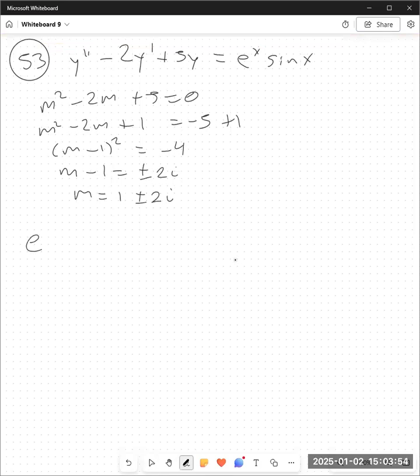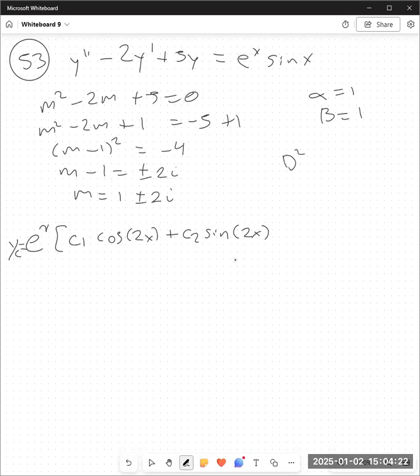So this is e to the 1x times C1 cosine of 2x plus C2 sine of 2x for my YC. And my alpha over here is 1, and my beta over here is also 1, making my differential operator d squared minus 2 times 1 times d plus 1 squared plus 1 squared, which is 2.